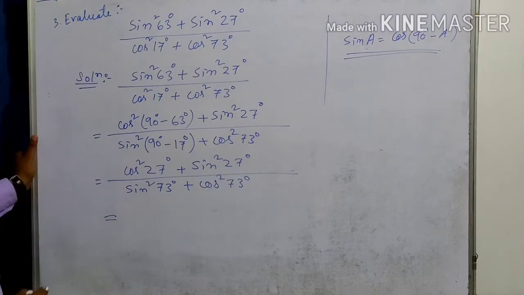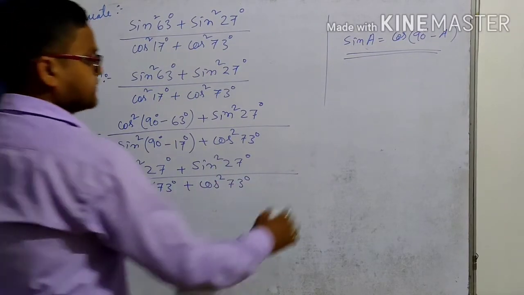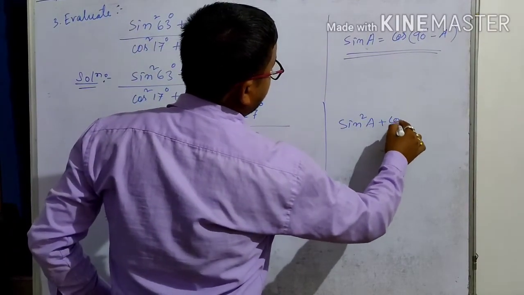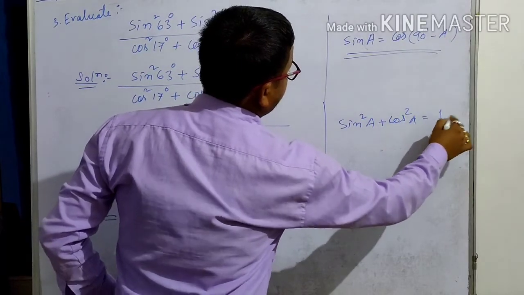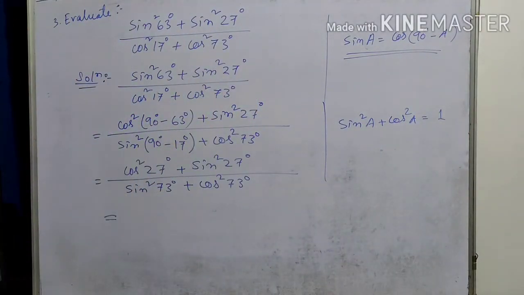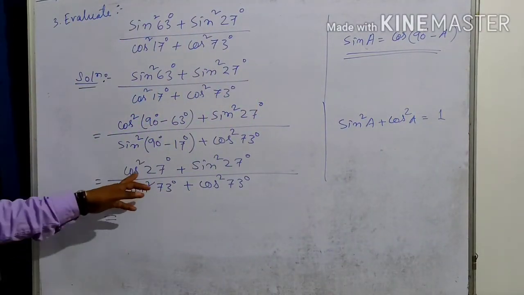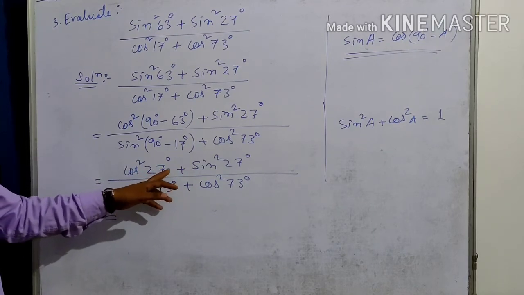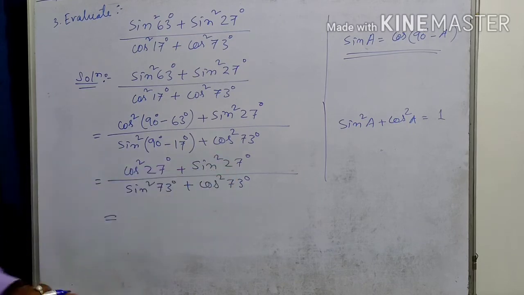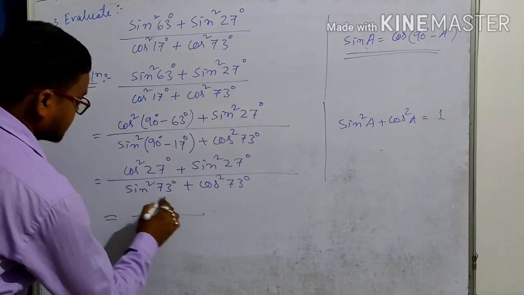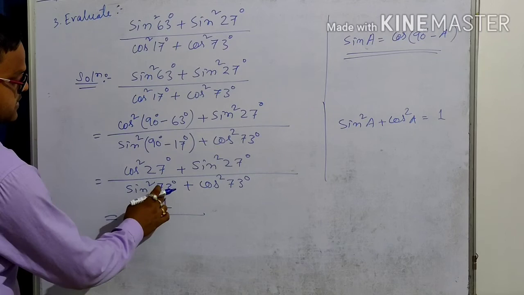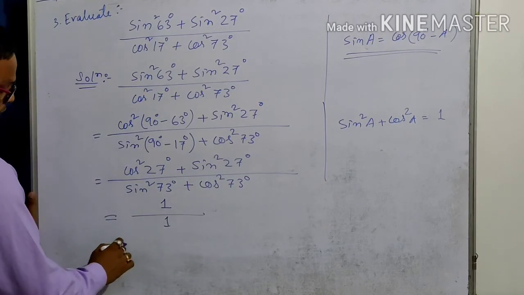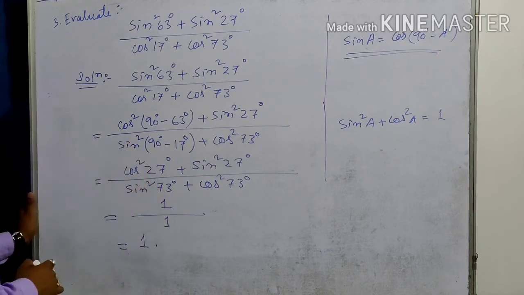So finally we know sin square a plus cos square a is equal to 1. So cos square 27 degree plus sin square 27 degree, you will get 1. And here also sin square 73 degree plus cos square 73 degree, you will get 1. So final result will be 1.